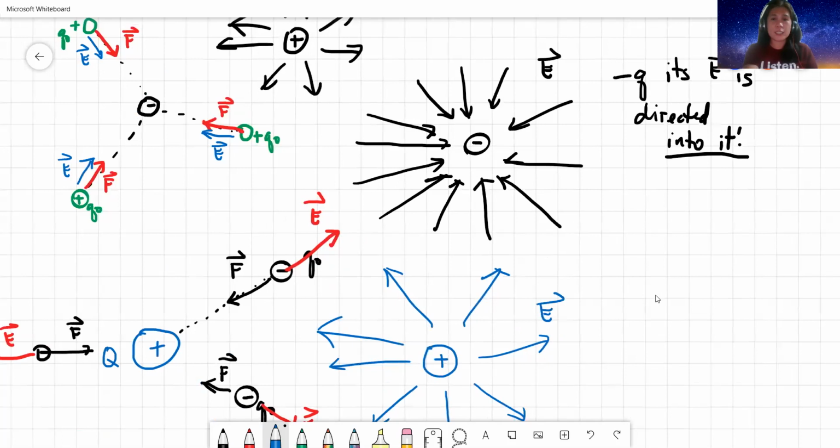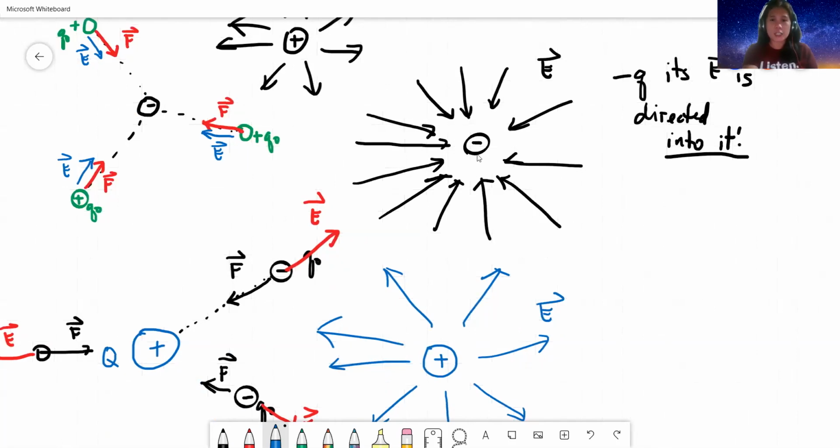What's important here is this: the electric field of the source charge does not depend on the presence of a test charge. With or without a test charge in the vicinity of the source, there is still an electric field there. And then it will depend on how far the point is from the source.